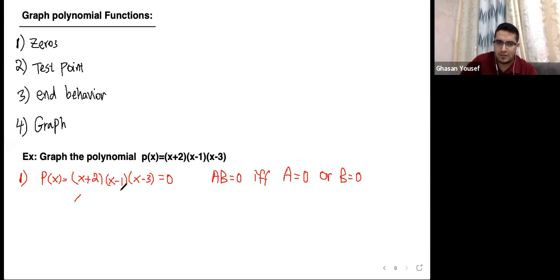Solving the next one gives positive 1. And x minus 3 equals 0 means x equals 3. So the third zero is 3, exactly. So minus 2, 1, and 3. This is correct. So the zeros are minus 2 and 1 and 3.